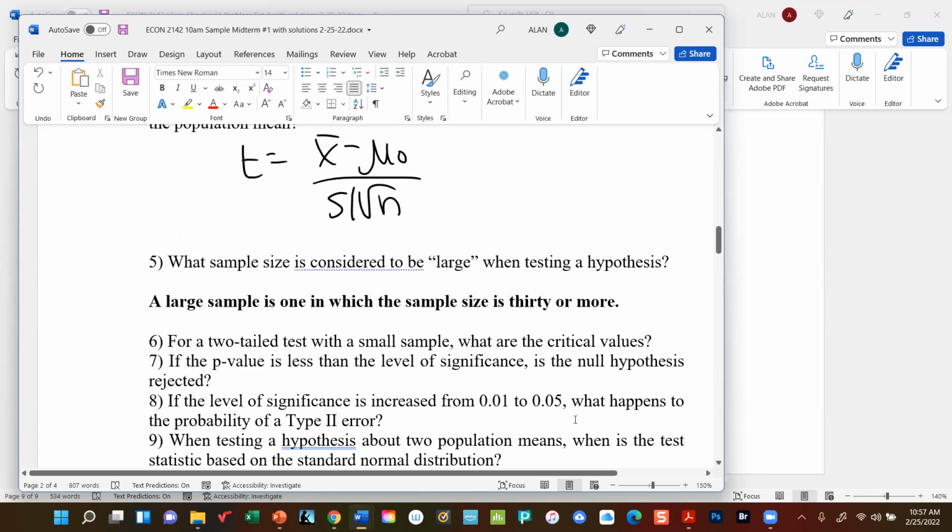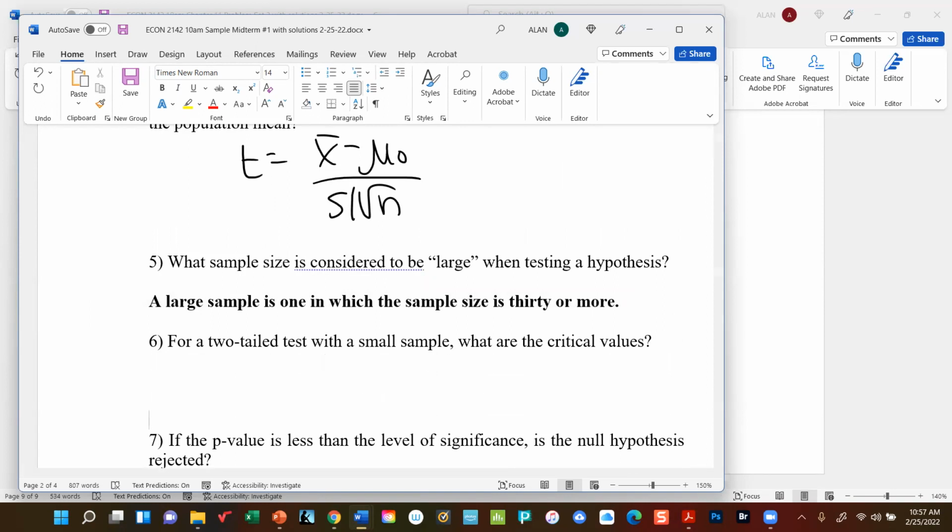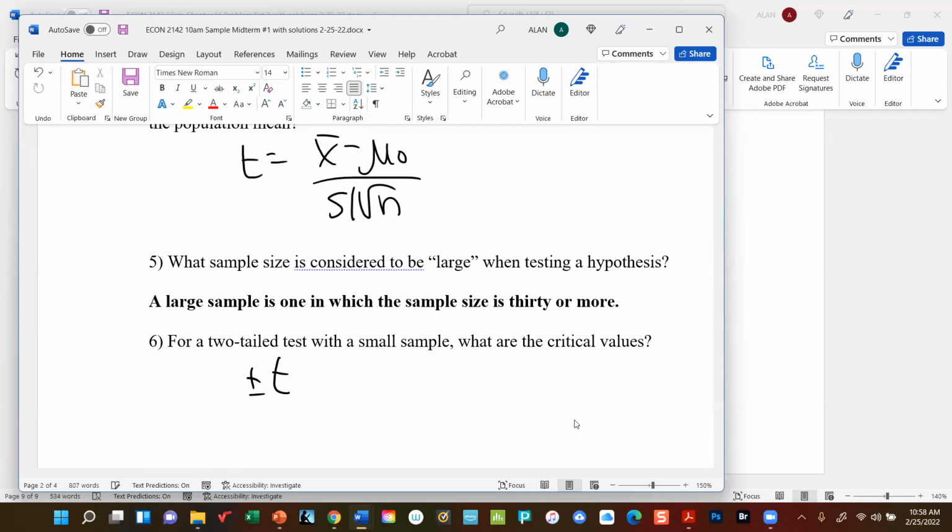For a two-tailed test with a small sample. All right, so again, the idea is you want to give it plus and minus T, and I really have to rewrite some of these.